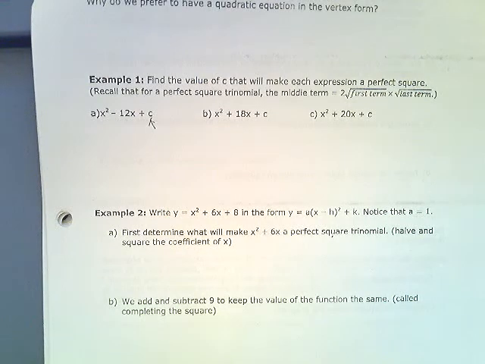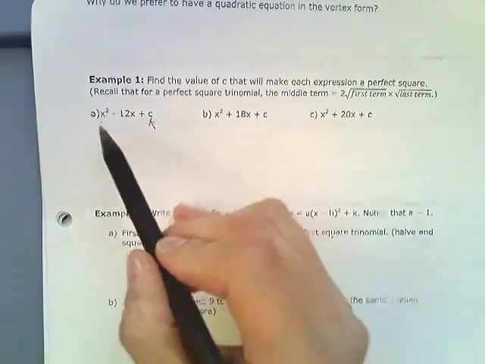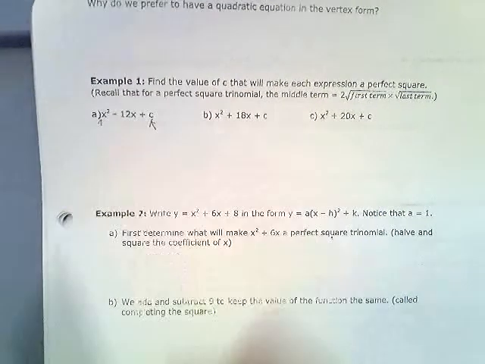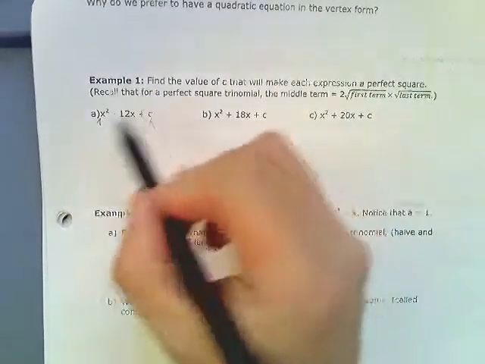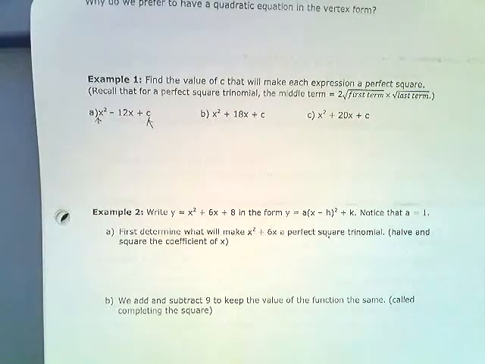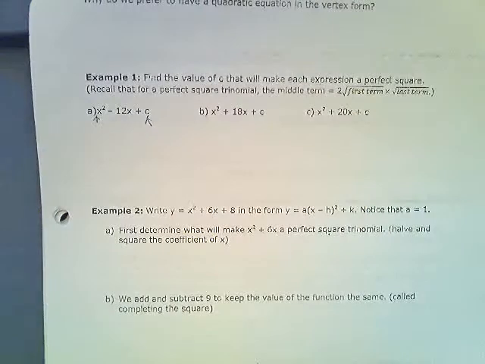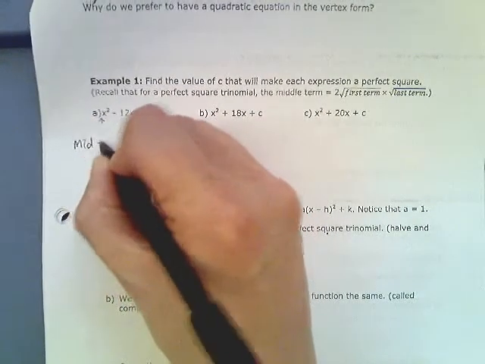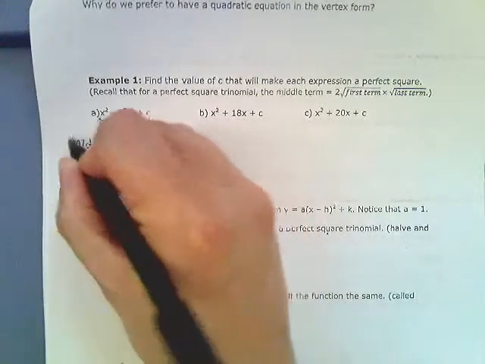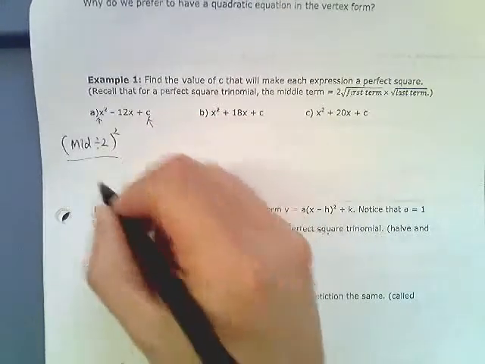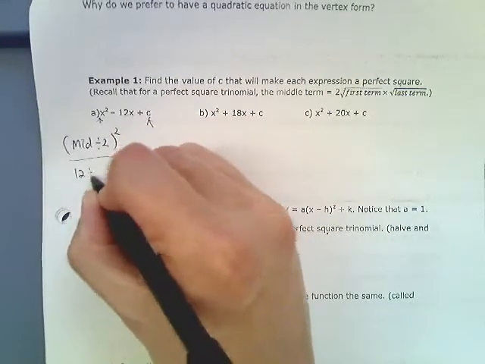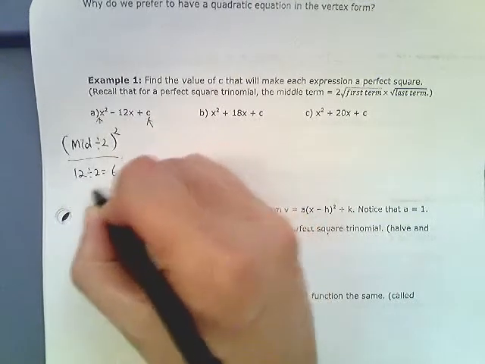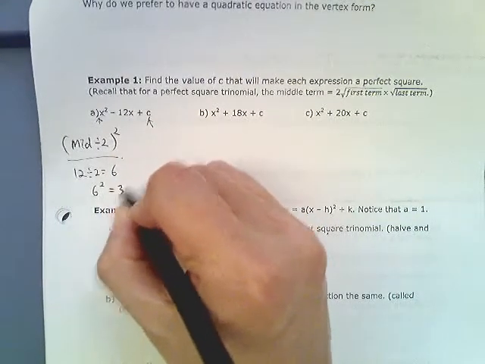We are dealing with a specific case where the a value, which is the coefficient of x squared, the number in front of the x squared, is 1. Nothing else, it is 1. So in order to find c, all we need to do is take the middle term divided by 2, and then you square that. So 12 divided by 2 is 6, and then we square 6, 36.